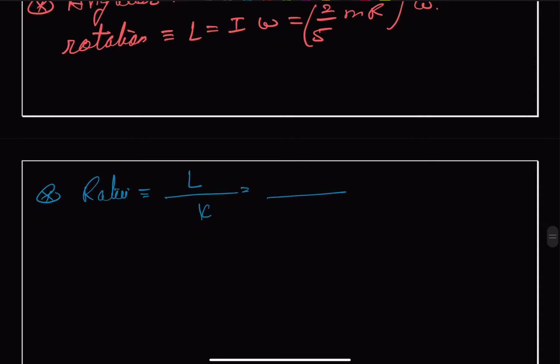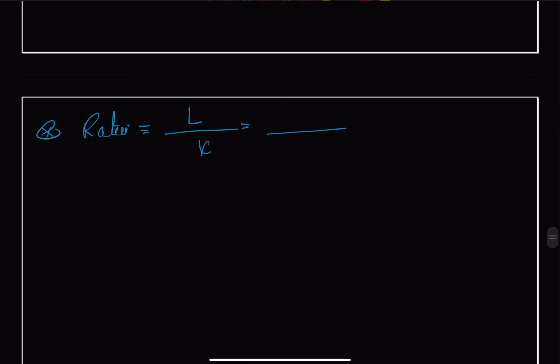Therefore we can say the ratio, that is angular momentum divided by total energy K. So angular momentum is 2 by 5 mr square omega, and energy is 7 by 10 mv square.